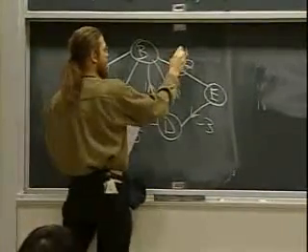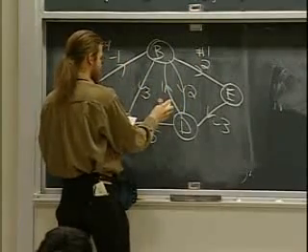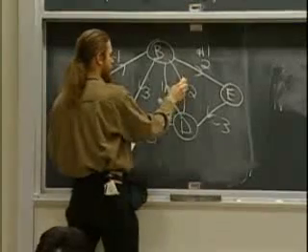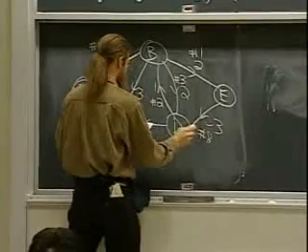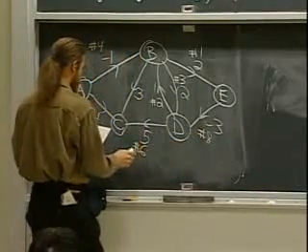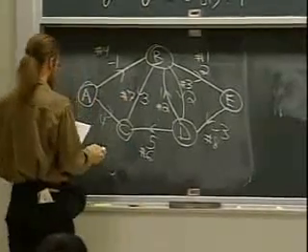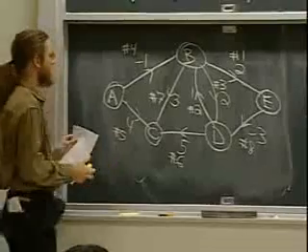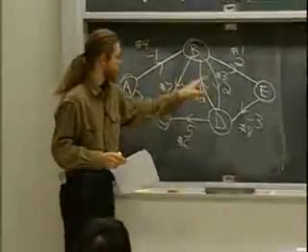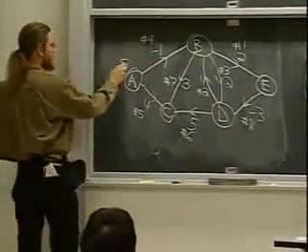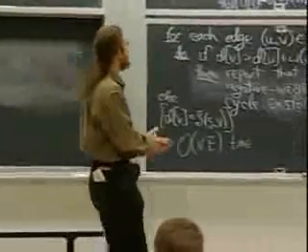It doesn't matter, but it will affect what happens during the algorithm for a particular graph. 1, 2, 3, 4, 5, 6, 7, 8. And my source is going to be A.